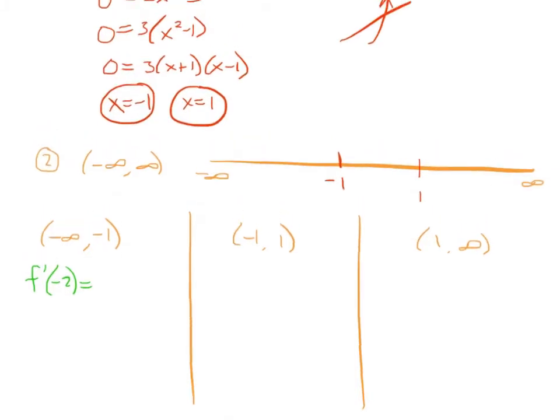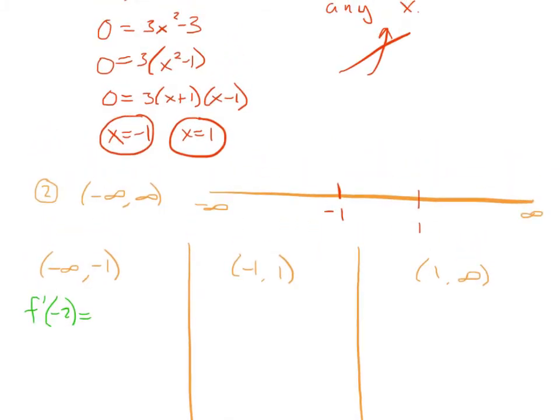You can pick any version of this derivative up here that you want, but I'm going to go with this factored version. So this is going to give me 3 times, when I plug in negative 2 to this first thing, I'm going to get negative 1. When I plug in negative 2 to the other one, I'll get negative 3. This is clearly a positive.